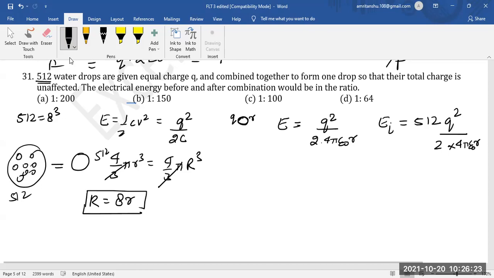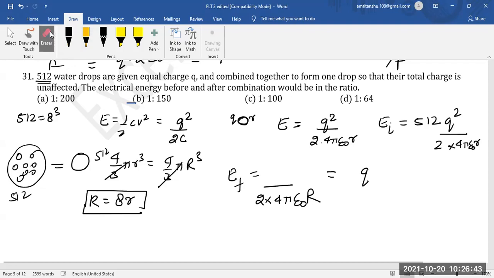So now final energy is going to be Q square by 2 into 4 pi epsilon naught big R. Because all these drops were having a charge of q and they merged to form a bigger drop, the total charge that will now appear over here will be 512 times q.